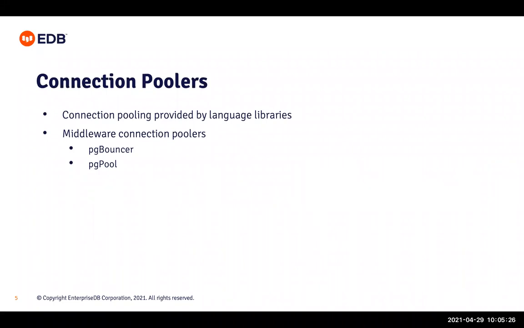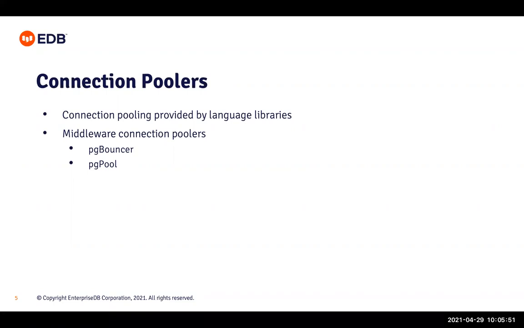And if you have a .NET application, you can use the connection pooling provided by the .NET Npgsql driver. But the problem with this approach is, if your application is using multiple languages, how many connection poolers are you going to maintain? Then there is another issue: there is no centralized control of your connection pooler.